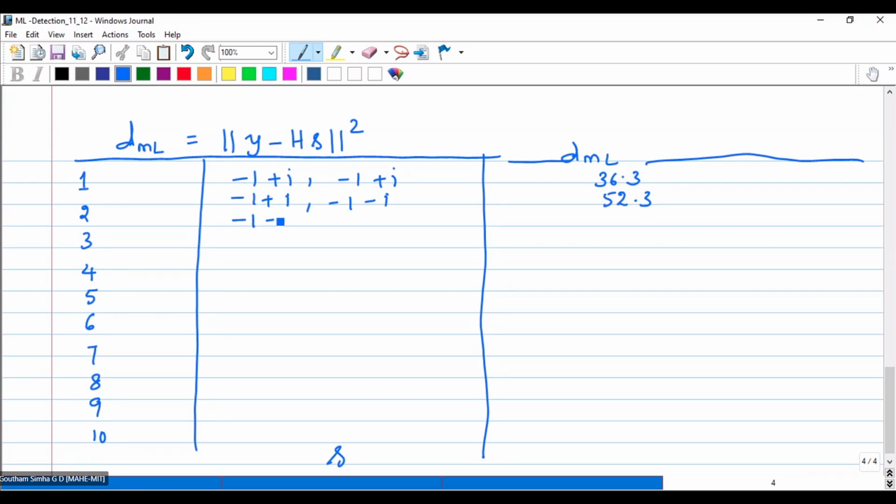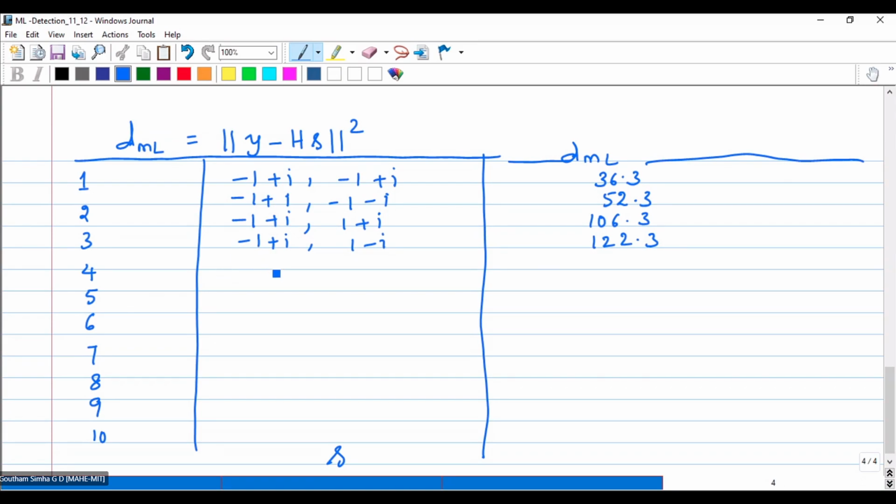If I transmit -1 plus I, comma, 1 plus I, I will get somewhere around 106.3. If I transmit -1 plus I, comma, 1 minus I, my distance will be somewhere around 122.3.